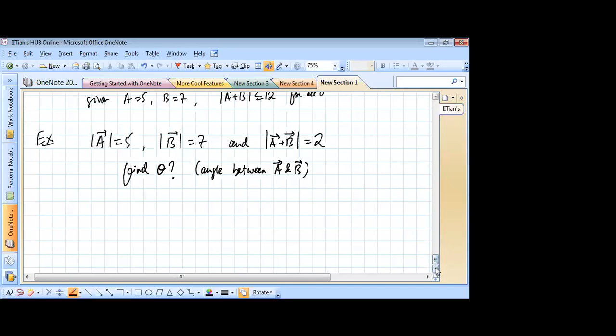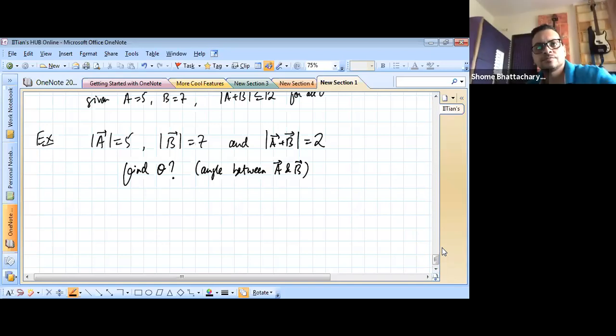Let me solve it fully. You should get theta as 180 degrees, people. Let's understand how that happens. Just apply the formula.